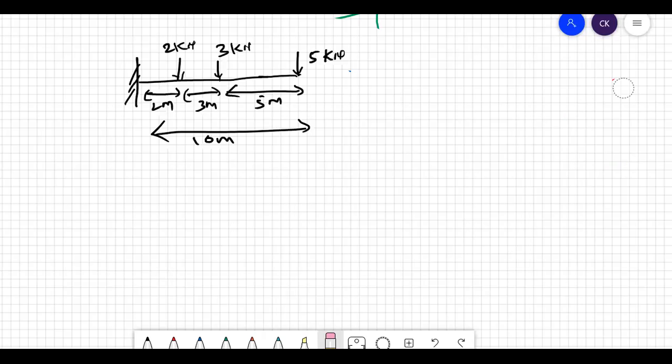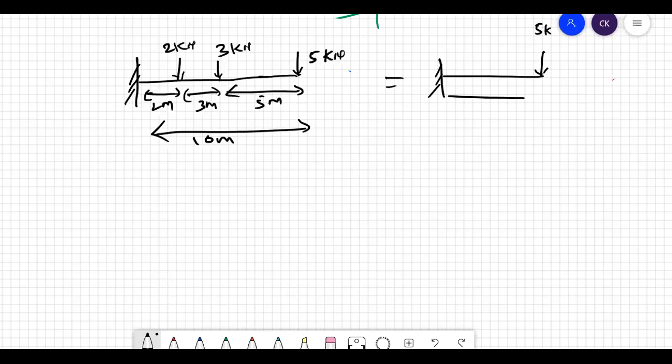So how to find the maximum deflection? I need to solve this problem by considering individually a cantilever beam with a point load of 5 kilonewtons at the free end, whose length is 10 meters.